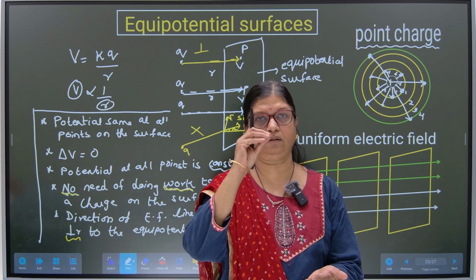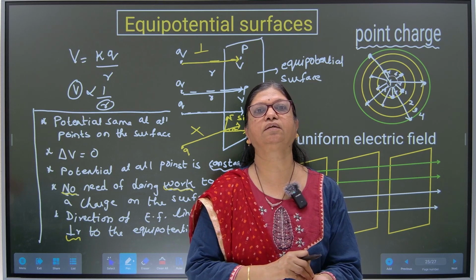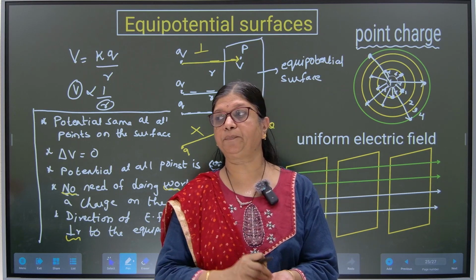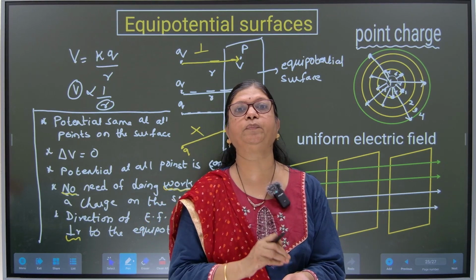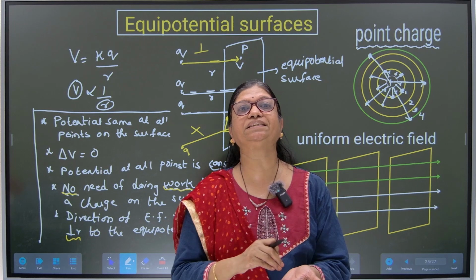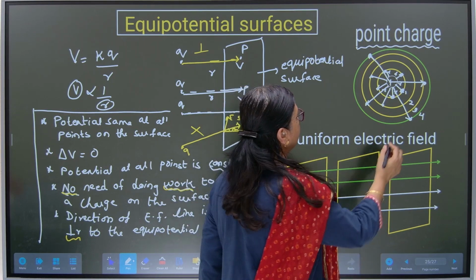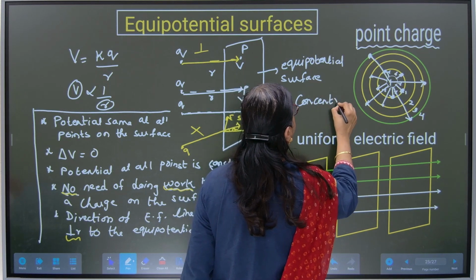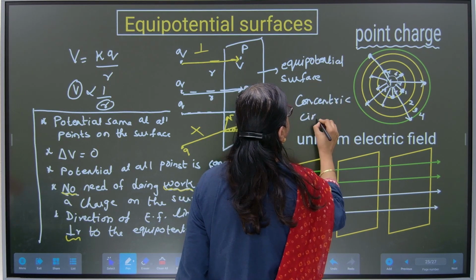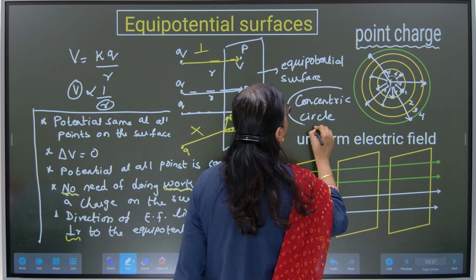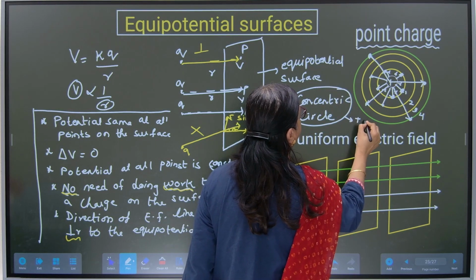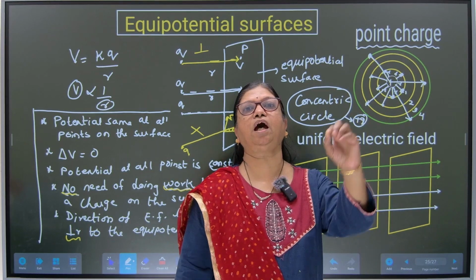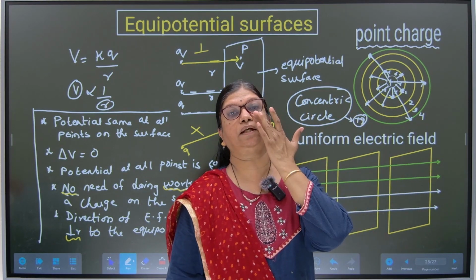So for a point charge, what is the shape of the equipotential surface? What word will you remember? Concentric circles, about the charge as the center, or around the charge as the center.